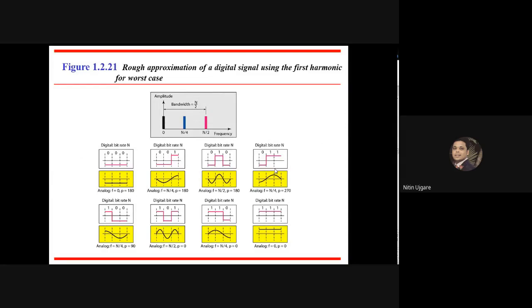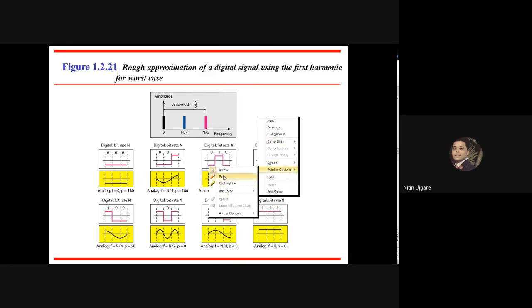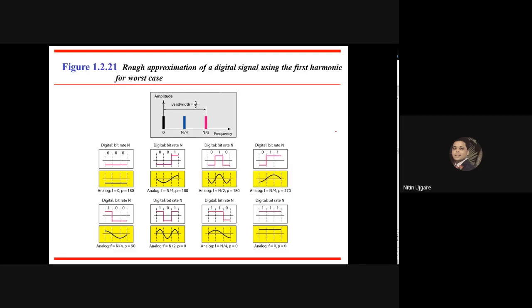There is a rough approximation of a digital signal using the first harmonic for the worst case. Now we are going to see the different harmonics of the digital signal. Harmonic means representing the digital signal using some analog representation. Here is the first harmonic representation of a digital signal, which usually has a bandwidth of n by 2, with some frequency f and amplitude v.